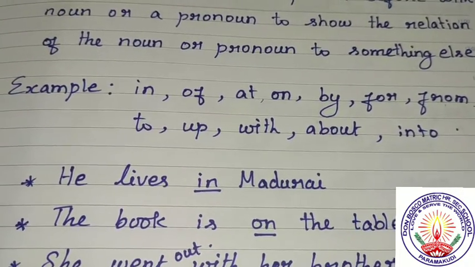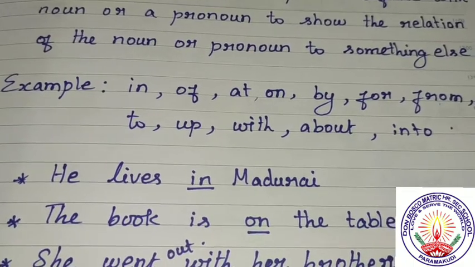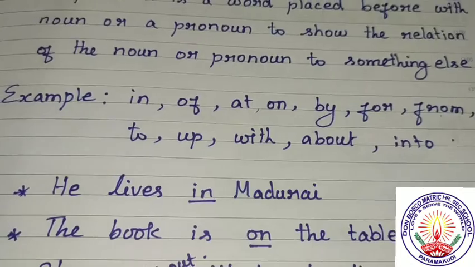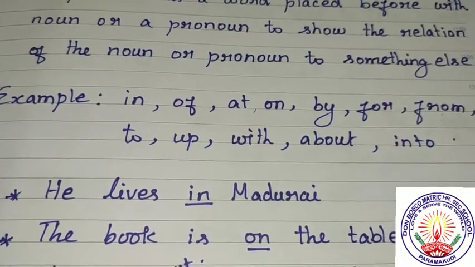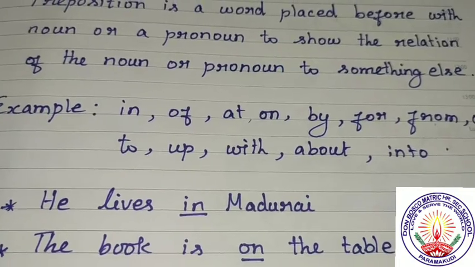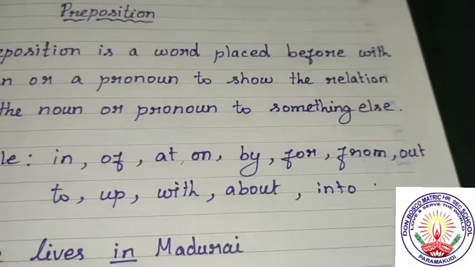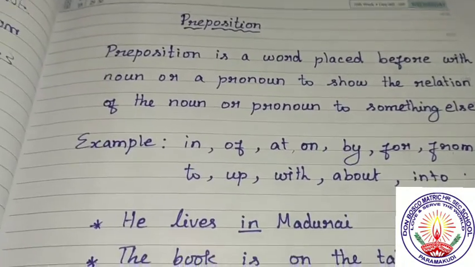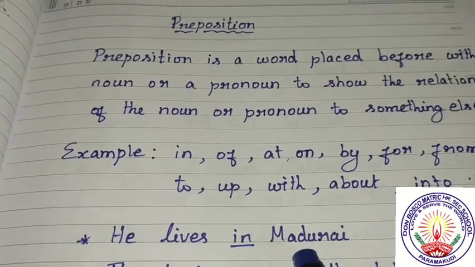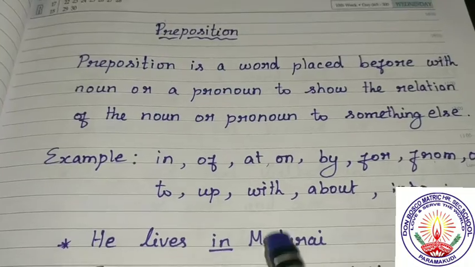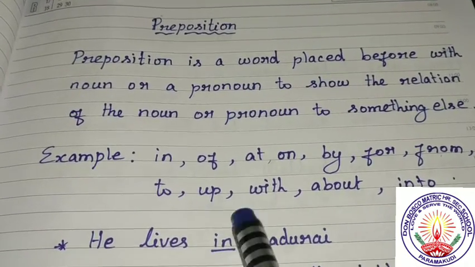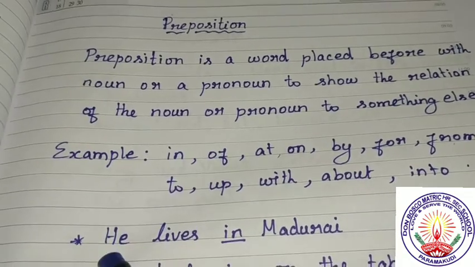In Madurai. Here, which is the preposition? In. Where does he live? In Madurai. So it refers to the place. Here the preposition in comes before the noun Madurai and shows the relationship of Madurai with the other words of the sentence.